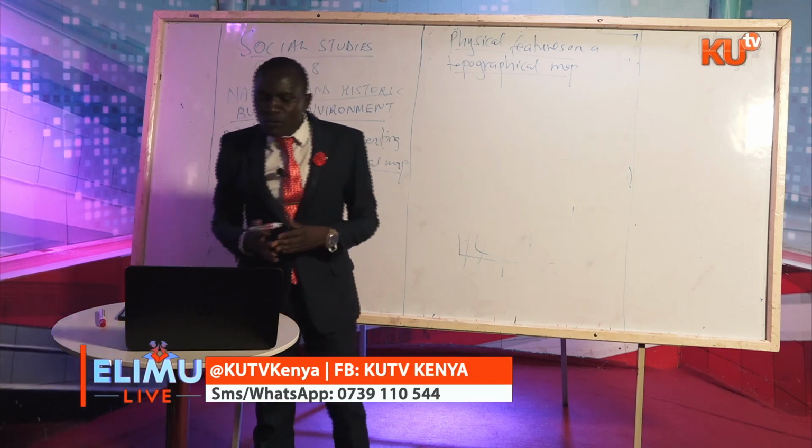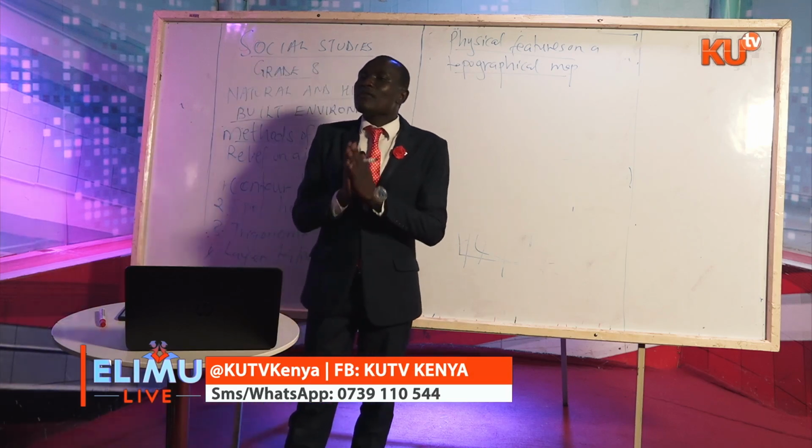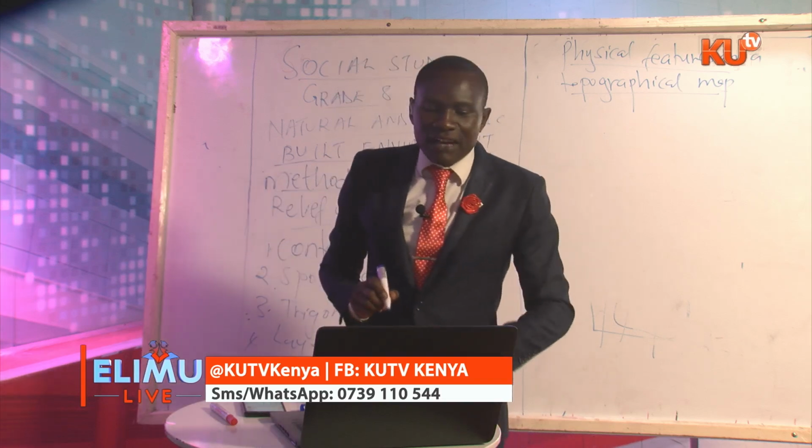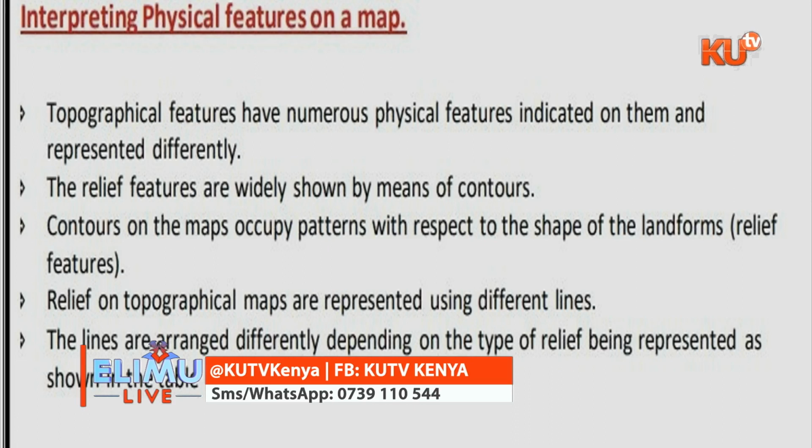Topographical maps have got different and very numerous physical features indicated on them and represented differently. The relief features are widely shown by means of contours.